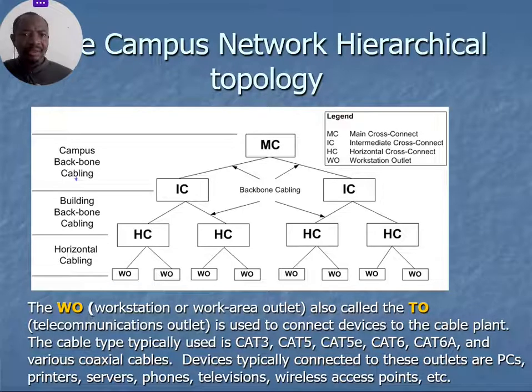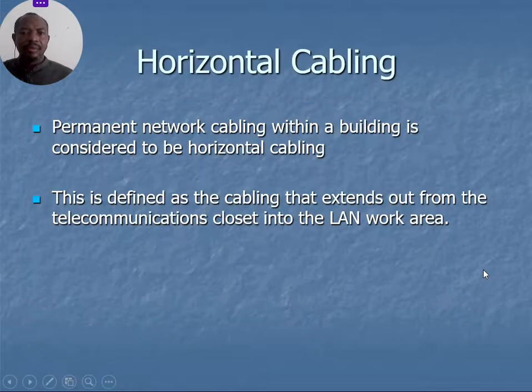They are smart TVs. You can use them for YouTube, Facebook, Instagram. So they are connected to your networks now. Then your server, the desktop, your phones, your television, all your wireless access points, they are all connected to networks.